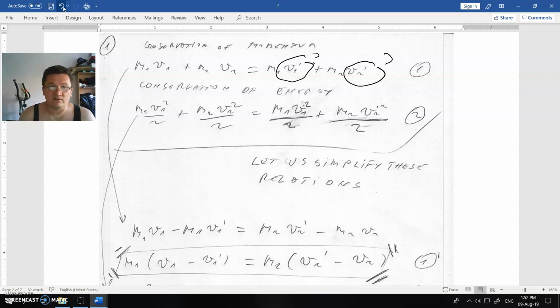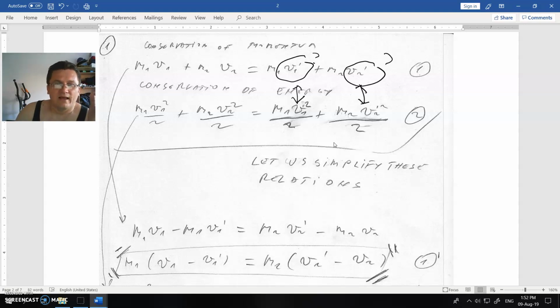But luckily we have conservation of energy also, prior to impact of the first and second body, and after the impact. As you can see, V1 and V2 are here also. So one equation, a second equation, and two unknown magnitudes. These are the speeds that we need.